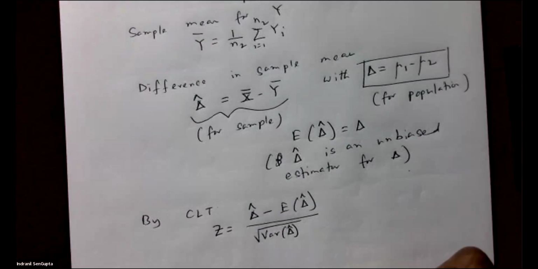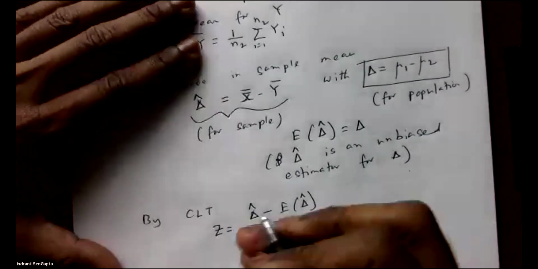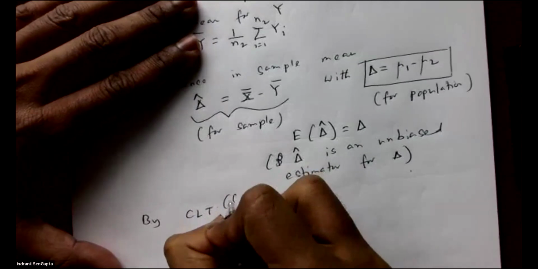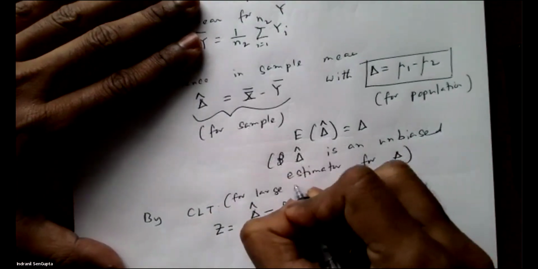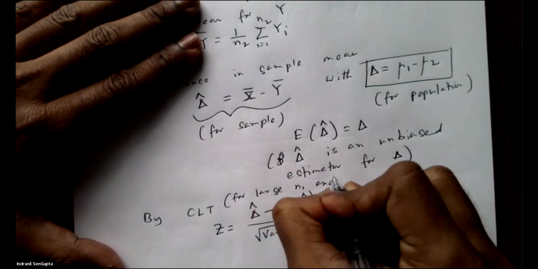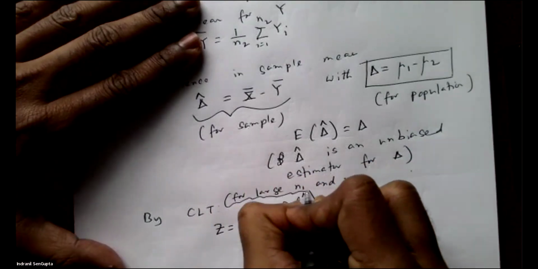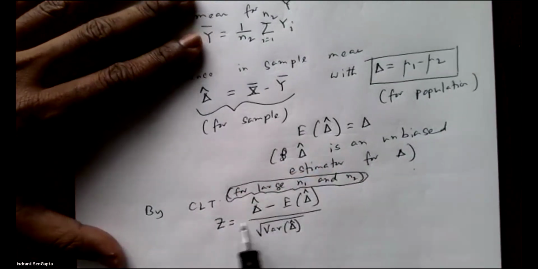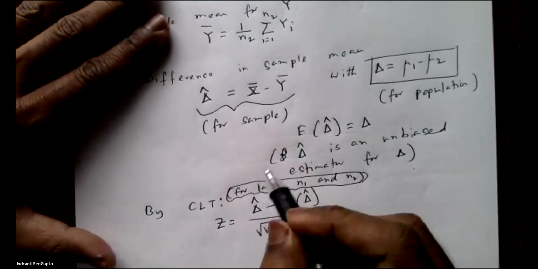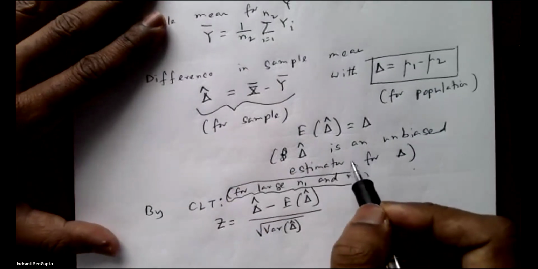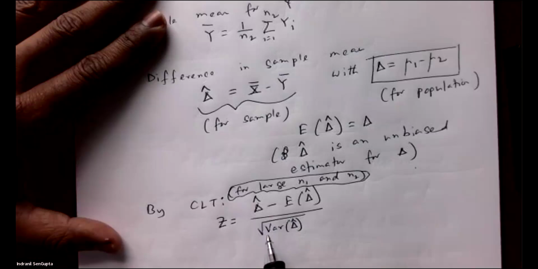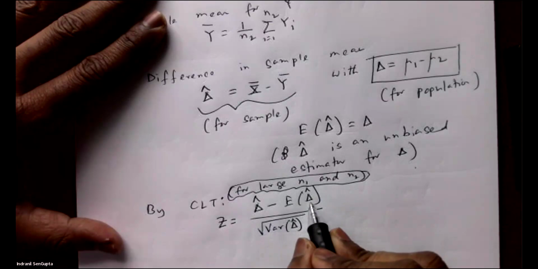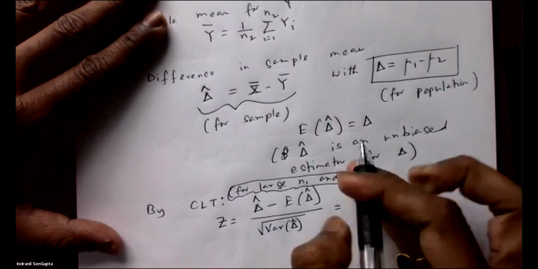It approximately follows the standard normal distribution for large n1 and n2. So that means when the samples are drawn large, this is approximately normal, right?